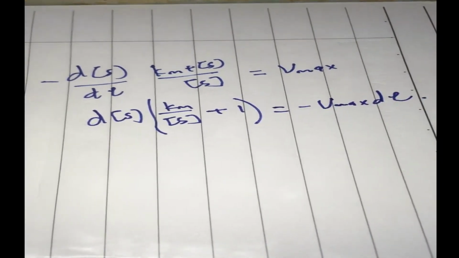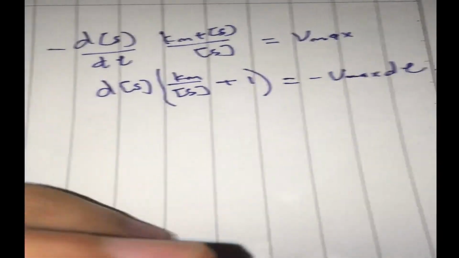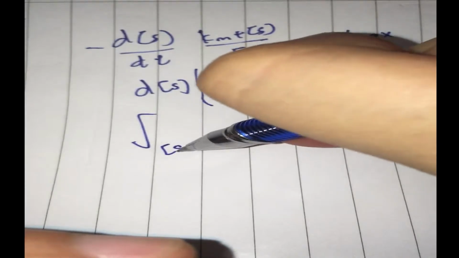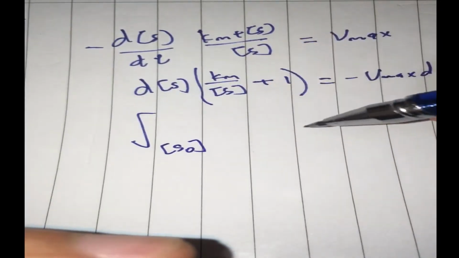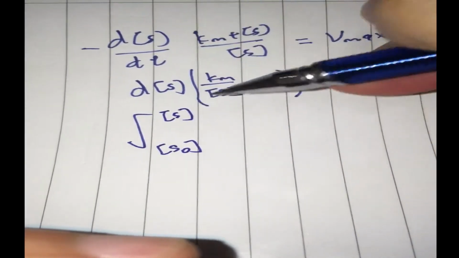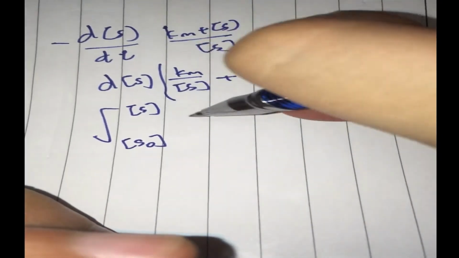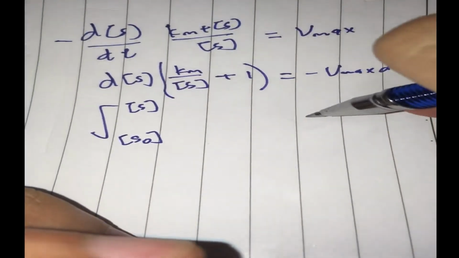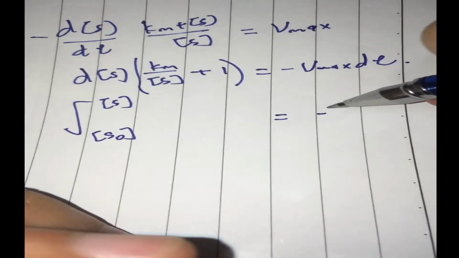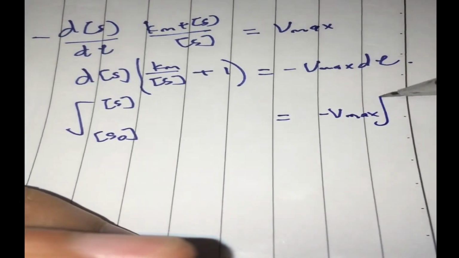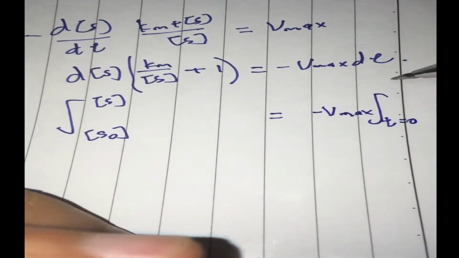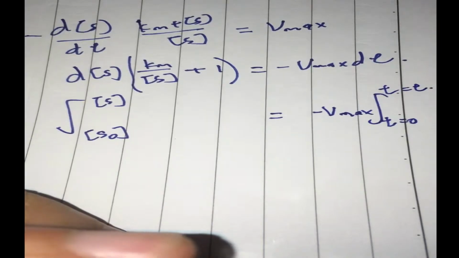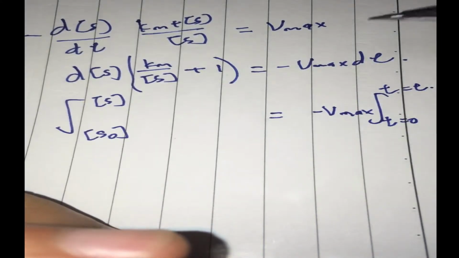If you have S versus T data, it'll be pretty good. So now let's integrate from S0 to S, and integrate the right hand side from T equals 0 to T equals T. So you have this on the right hand side.